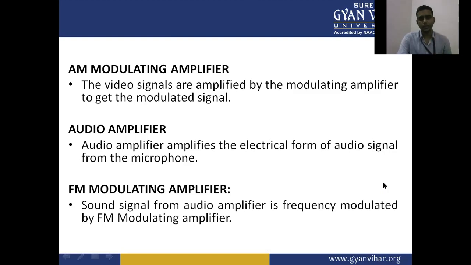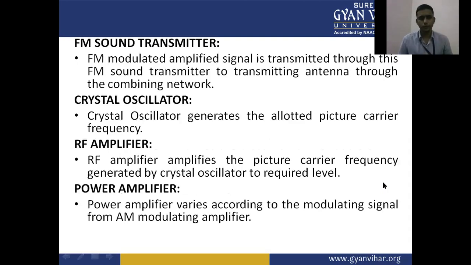So in the transmission section, two modulations are performed. One is the amplitude modulation for the picture, and the second is the FM, frequency modulation, for the sound. Now, the FM modulated amplified signal is transmitted through this FM sound transmitter to the transmitting antenna through the combining network.